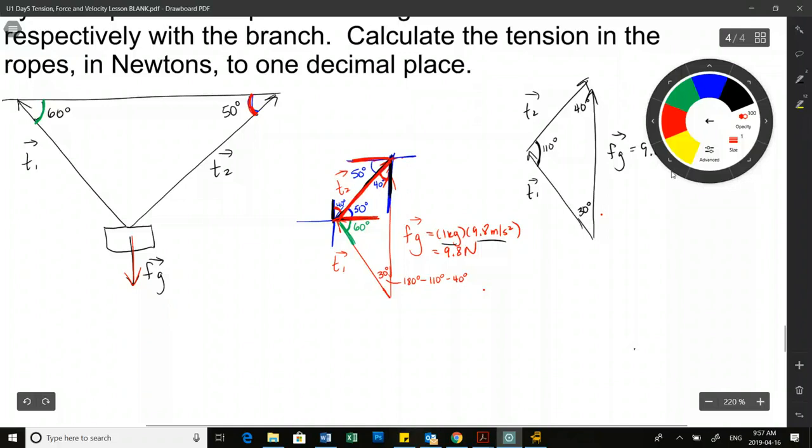If I know that this up here is 50 degrees, I know that tension vector number 2 must be meeting the horizontal at 50 degrees right here, which means that this interior angle is also 50 degrees. I also know that this is 90 right here, so that extra little piece must be 40 degrees.